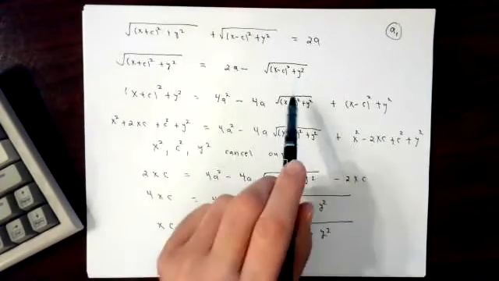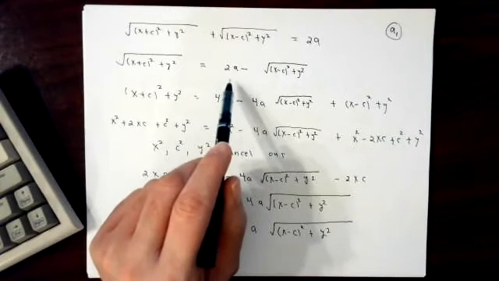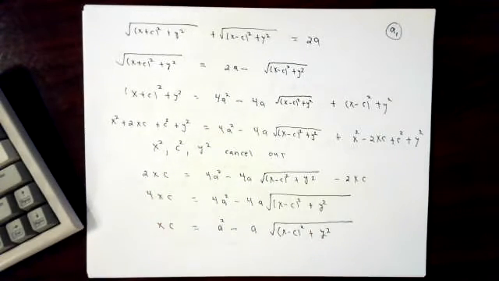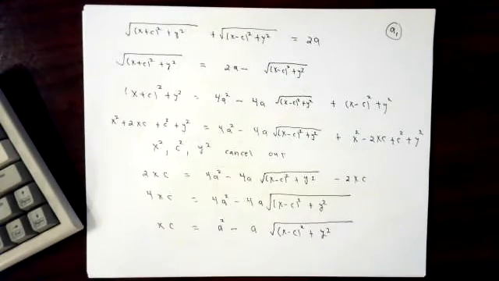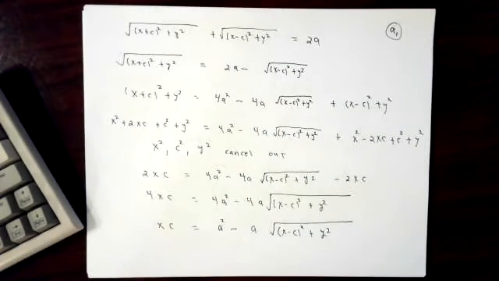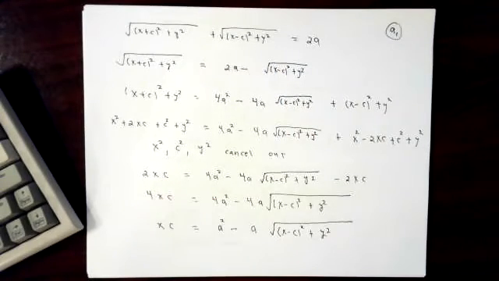When I square this difference, it's the square of the first term, the square of 2a, which is 4a squared, minus 2 times the first term times the second term. That's where the 4 comes from. 4a times radical x minus c squared plus y squared, plus the square of the other thing, and all that does is get rid of the square root symbol on it.